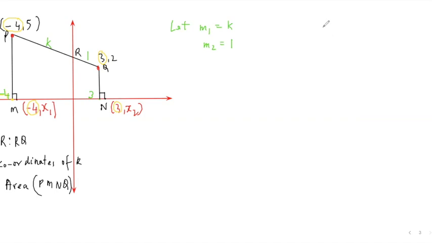Instead of m1 and m2, I prefer K is to 1 because instead of two variables, I have only one unknown, and that's K. That's why I prefer K when I'm required to find the ratio. So m1 and m2 are K and 1 respectively.